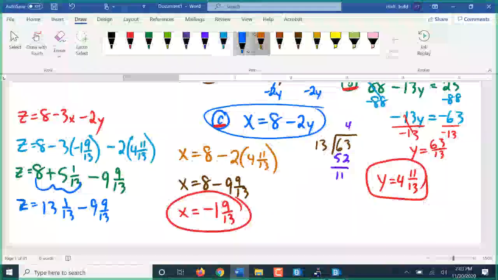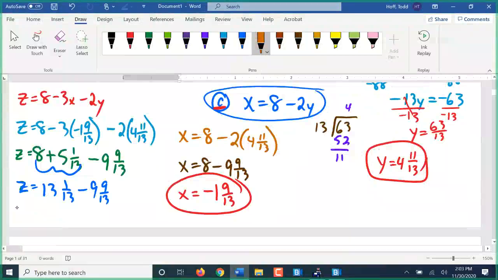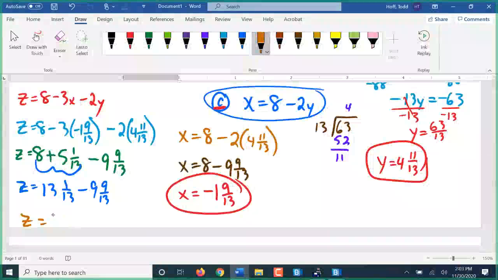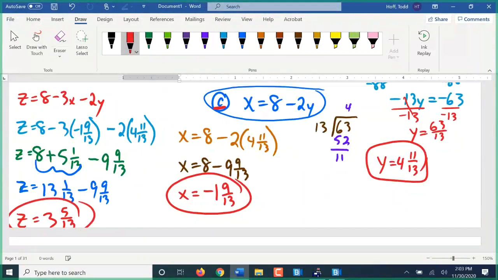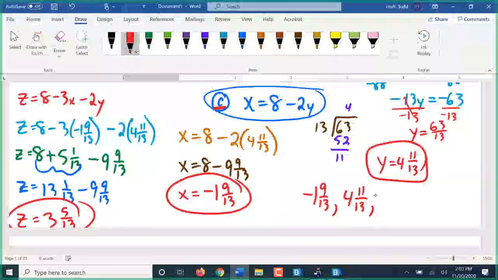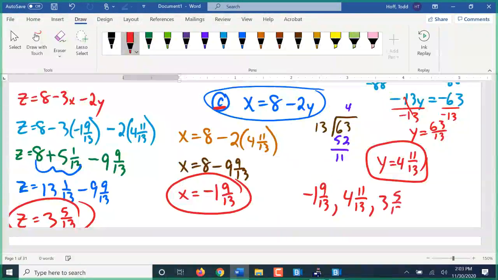Minus 9 and 9/13 is 3 and 5/13. So our solution, as ugly as it is, it's a solution. X is negative 1 and 9/13 when y is 4 and 11/13 and z is 3 and 5/13.